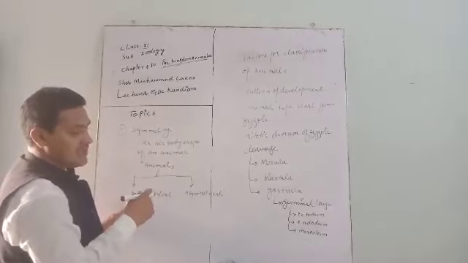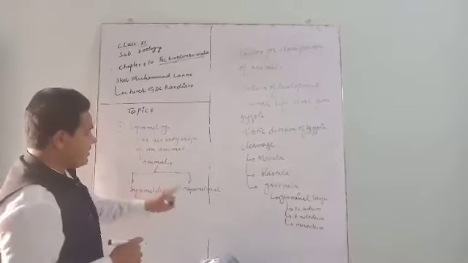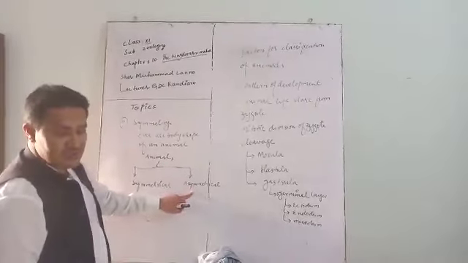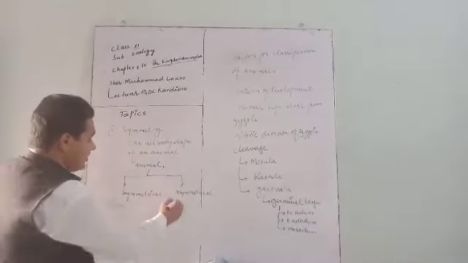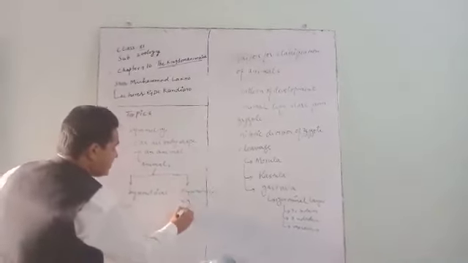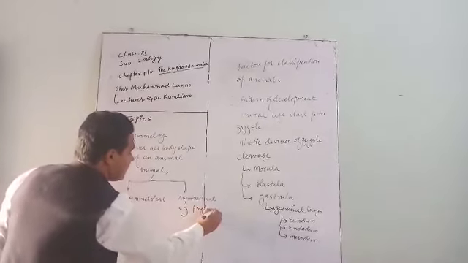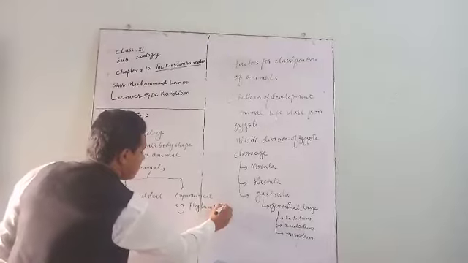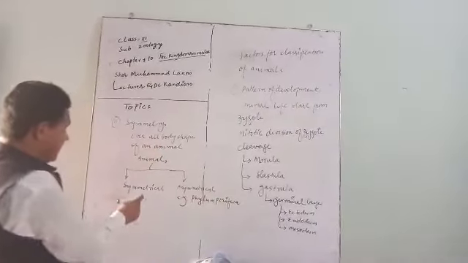They have a particular shape. They have a geometrical shape. Asymmetrical animals are those animals that have no body shape. An example of an asymmetrical animal is phylum Porifera. Phylum Porifera are sponges.